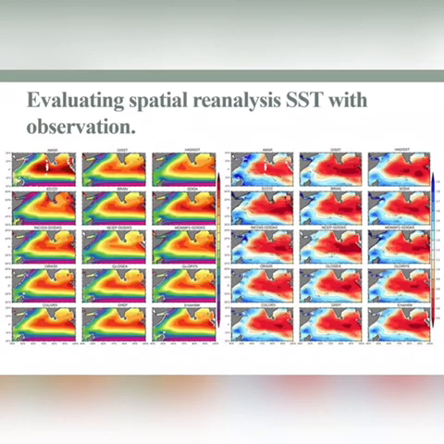After the comparison with buoy observations, the reanalysis SST is then compared with satellite derived SSTs of AMSR2, OISST and HadISST. The mean SST pattern shows that all the reanalysis products underestimate the AMSR2 mean value.